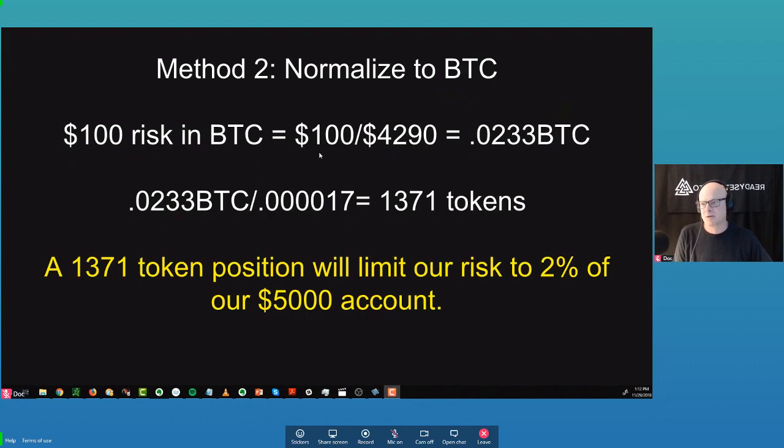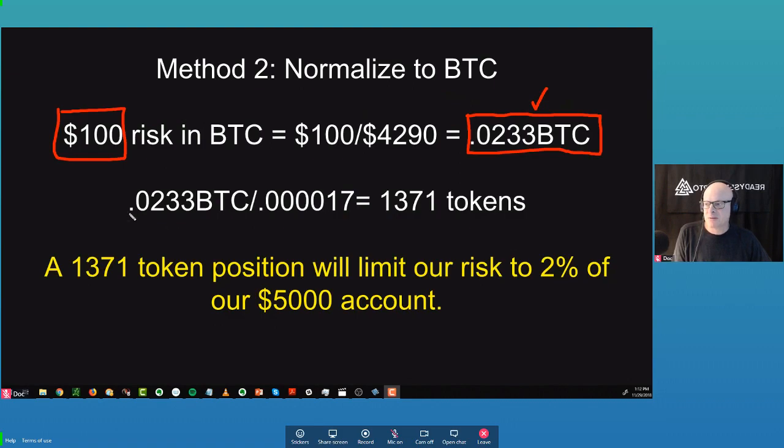I'm doing a currency conversion here. 100 divided by 42.90 is 0.0233 BTC. So 0.0233 BTC is worth $100. That's my risk figure. So I have to limit my risk to 0.0233 BTC.